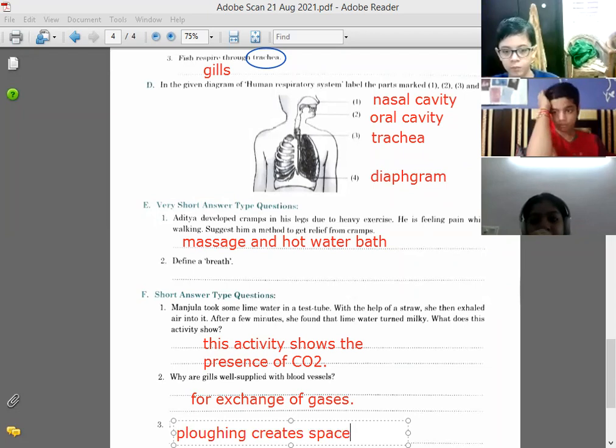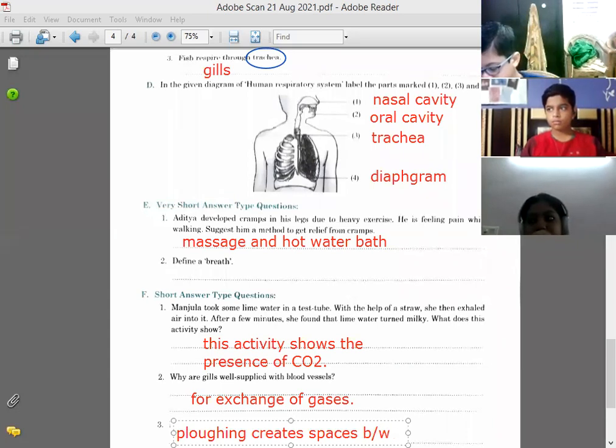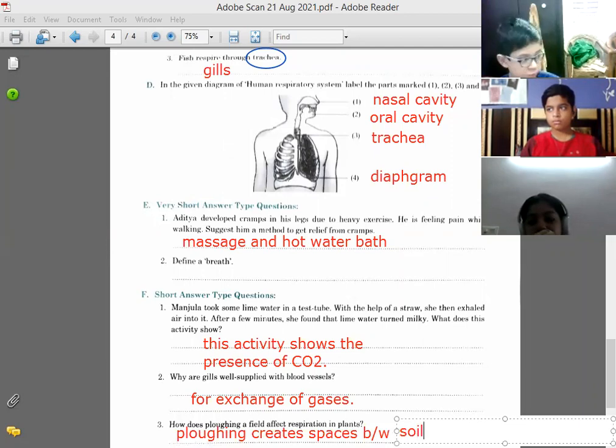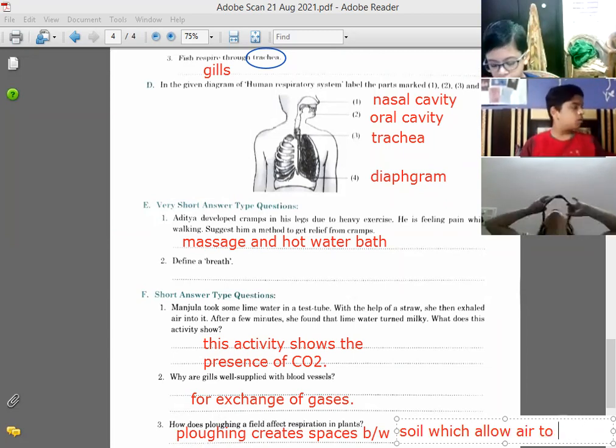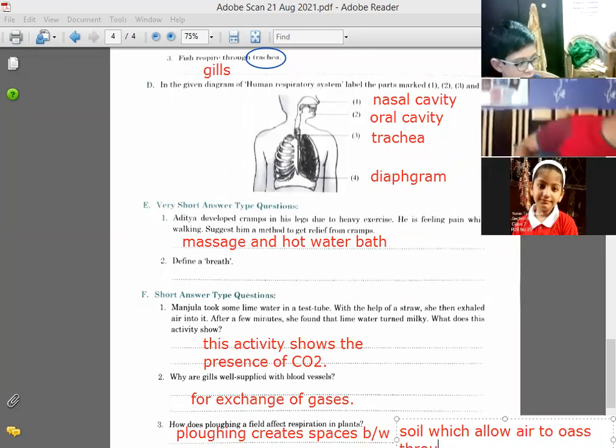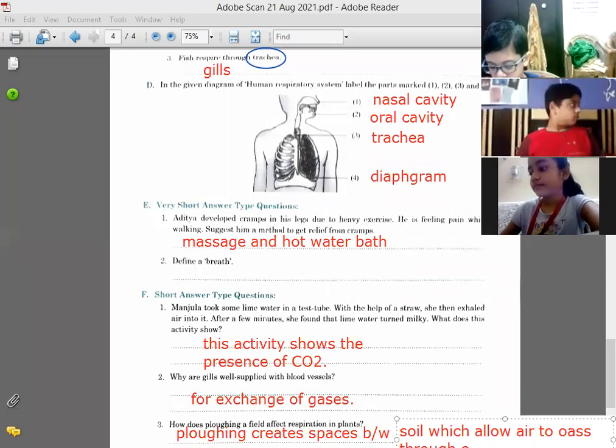Plowing creates spaces between the soil, which allows air to pass through it.